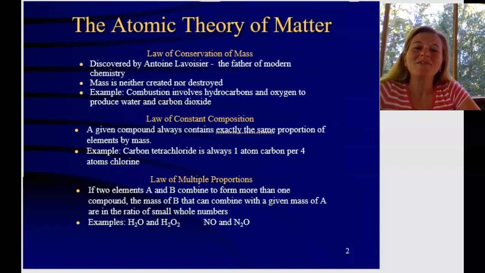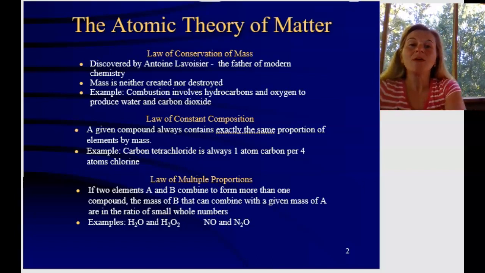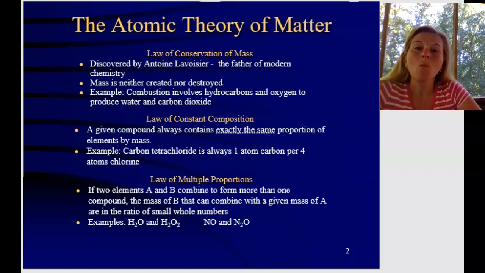And then we have the law of multiple proportions, which is if you have 2 elements, we're going to call them A and B, and we combine them to form more than one type of compound. The mass of B that can combine with a given mass of A are in a ratio of the smallest whole numbers. So our examples, we have water again.